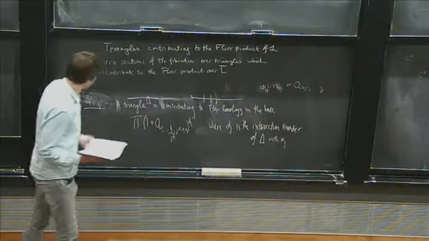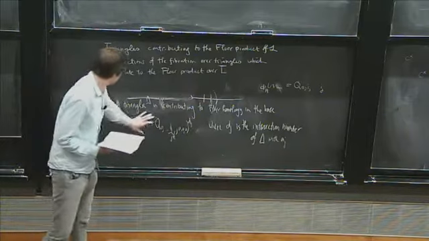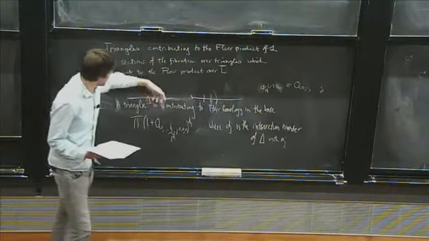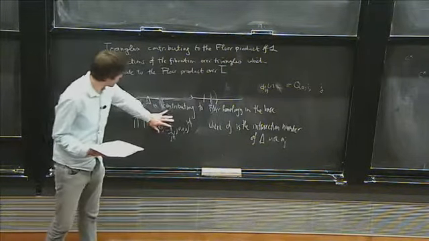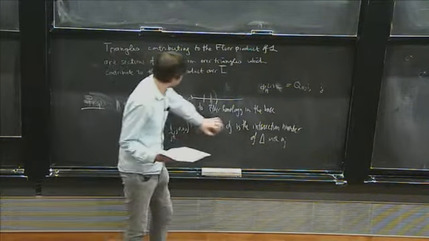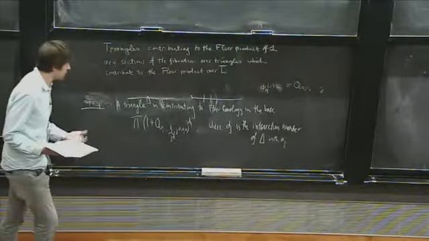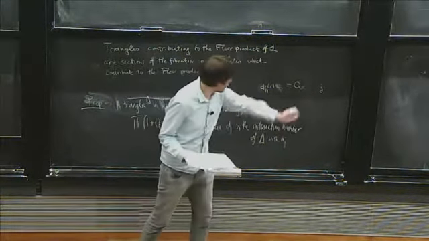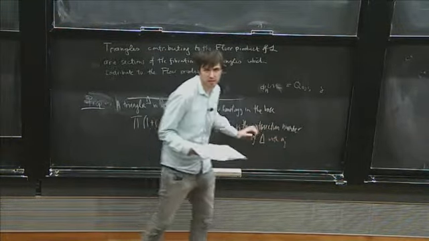So you have these monomials. A triangle contributing to this Floer product is going to be weighted by this weight, where that's the intersection number with that particular piece of the discriminant locus.